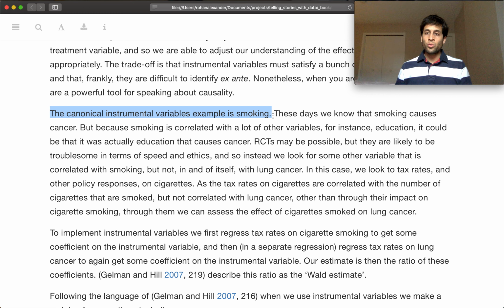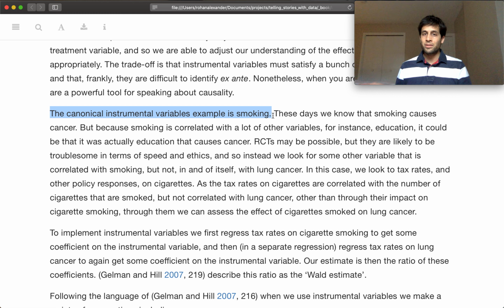But it wasn't always so clear. And the reason that it wasn't so clear is because smoking is correlated with a whole bunch of other variables. For instance, smoking rates tend to be inversely correlated with education rates. And so is it actually that smoking is causing worse health outcomes, or is it that education is causing worse health outcomes?